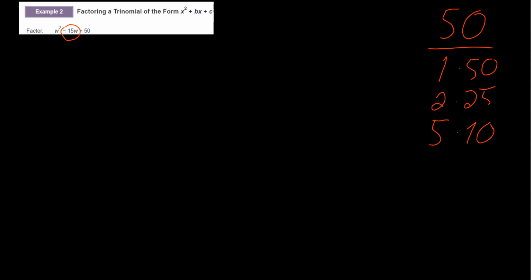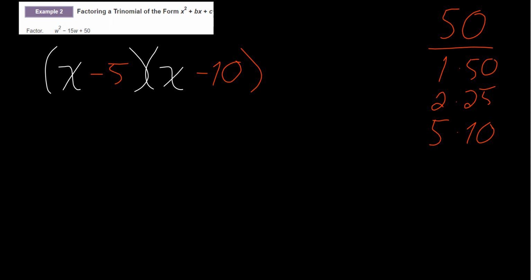A negative 5 and a negative 10 will give me negative 15 when added together, so x minus 5 and x minus 10. Stay consistent here. When I multiply these two together, they do give me a positive 50, and when I add them together, they give me a negative 15.